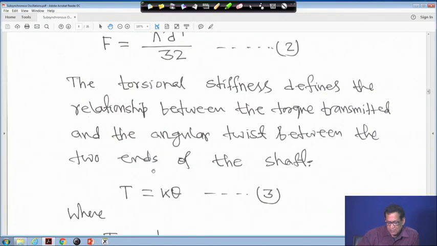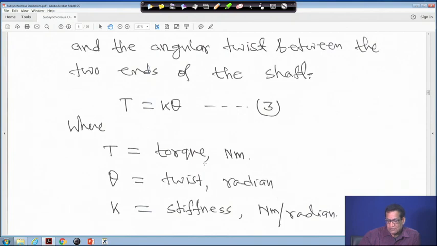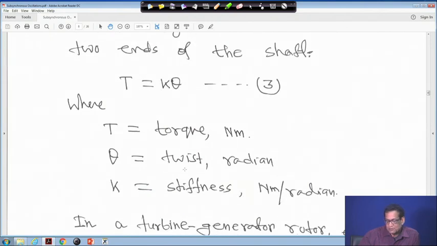That means, in general, T is equal to K into theta, where T is the torque in Newton meter, theta is the twist in radian, and K is the stiffness in Newton meter per radian. So, torque is equal to K theta.